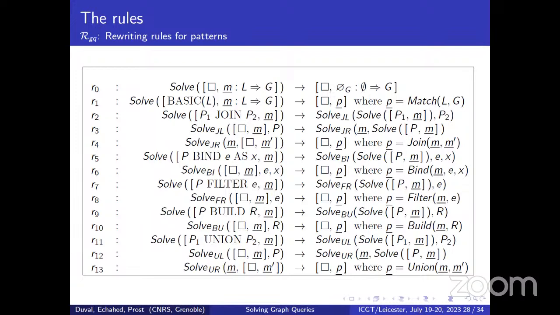Obviously you don't need to prove confluence because you have only one. Yes, but the problem is that the first intuitive rules would say that join is commutative, but in fact it is not.